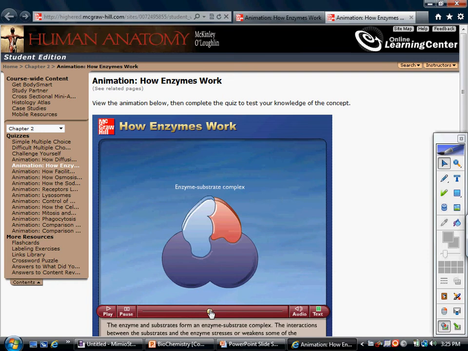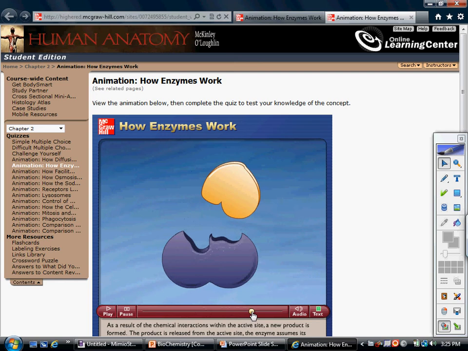They join up with the enzyme, which changes their shape, and they're released as a product. So basically the enzyme, or more specifically the active site on an enzyme, is the location at which a chemical reaction takes place.